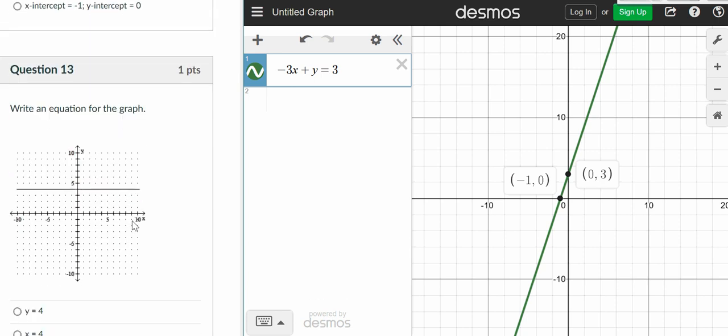Now, question 13. Question 13 is we want to write the equation for the graph. Sounds difficult. Actually, it's easy. You see, for this line, every point on the line has a y coordinate that is a constant.